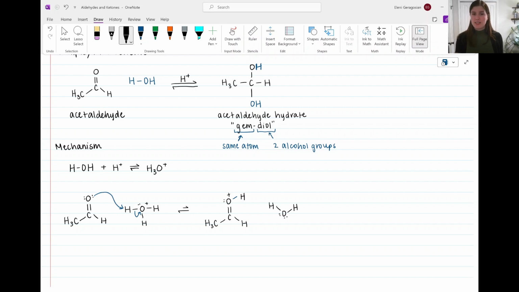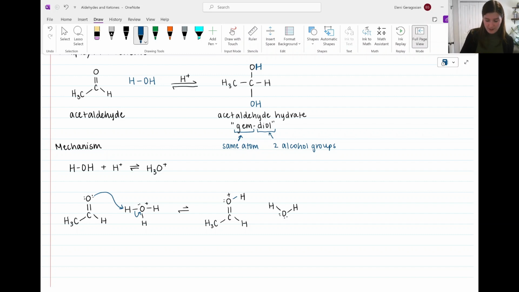So the electrons in the pi bond between carbon and oxygen are even closer to the oxygen atom. And so the carbon has an even stronger partial positive charge here. That activates the carbonyl and makes that carbonyl carbon more susceptible to nucleophilic addition. Our nucleophile in this case is water.